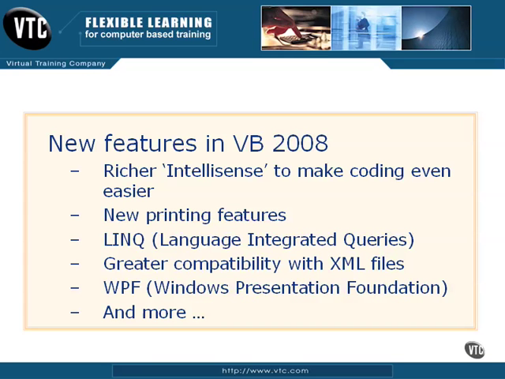In the 2008 version, there are new printing features. There is also a new utility called LINQ, which is the Language Integrated Queries utility. There is a greater compatibility with XML files, and there is a new tool called the Windows Presentation Foundation, or WPF. There are other features as well that are new to VB 2008, and as we continue in this tutorial, we will discover them.